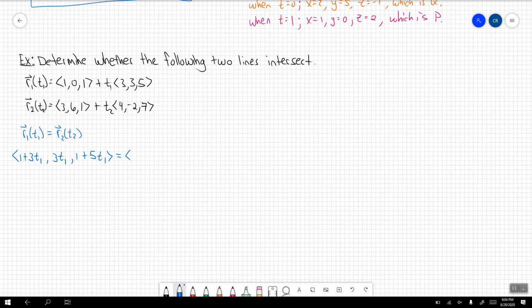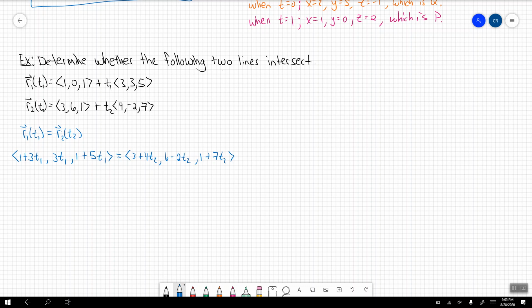So the vector equation for R2 will then be 3 plus 4t2, 6 minus 2t sub 2, and then the last component is 1 plus 7 times t sub 2. And again, if two vectors are equal, then their components must be equal to one another.